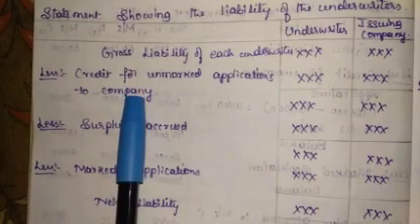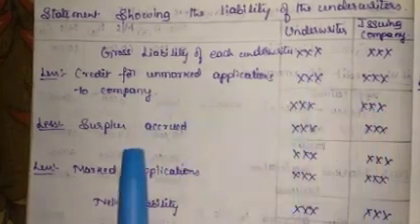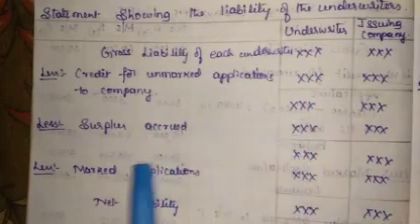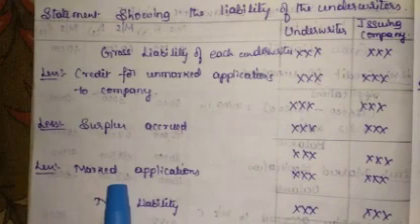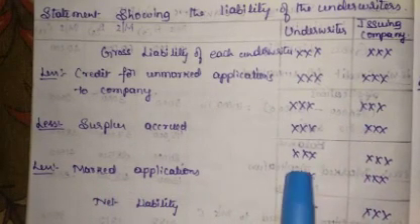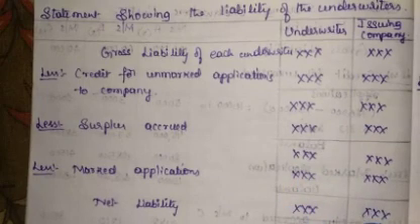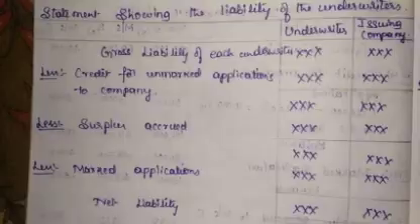For that, the underwriter will be the company only. Then if the company gets a surplus, that surplus we have to share among underwriters in order to reduce their liability. Finally we have to subtract marked application received through each of the underwriters. Then we'll get net liability, that is the liability to take up a number of shares.